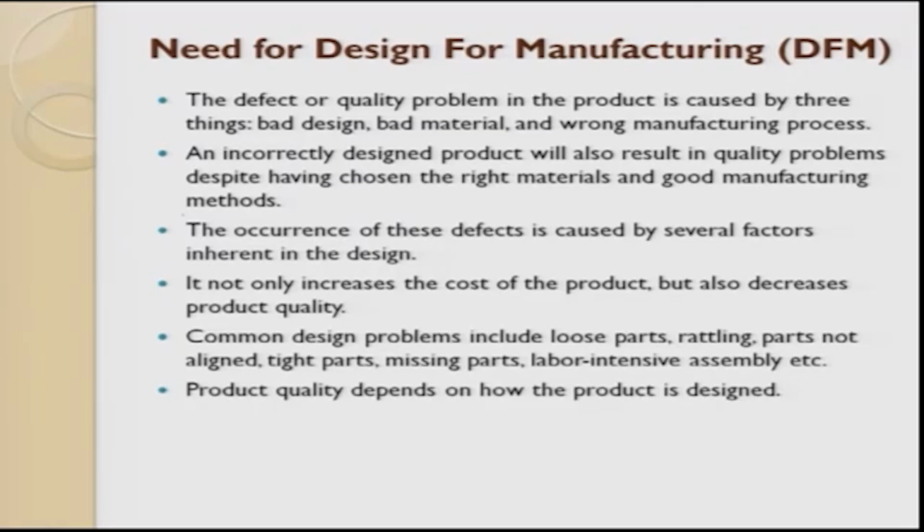Any incorrect design will also result in a quality problem, despite having chosen the right material and a good manufacturing process. Even though I make two things good and achieve the best in two, if the first thing, the design, is not correct, or instead of a circular beam I put a square beam, or instead of an I shaft I try to make a truss or something else, then what happens?